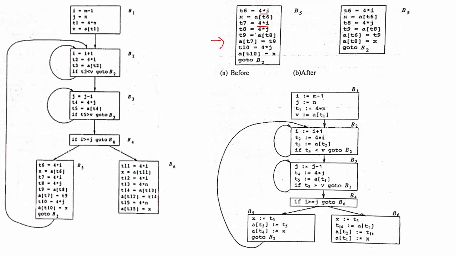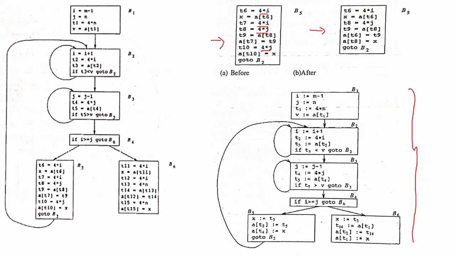Similarly, we perform 4 star J here, and then again 4 star J is performed here, which is also not needed. So we can remove the common sub-expressions, that is, common sub-expression elimination can be performed in block B5. Upon changing this, we will get the blocks like this. Here you see the entire flow graph is reduced like this. This is what we call code optimization.